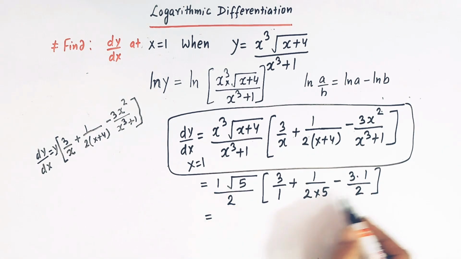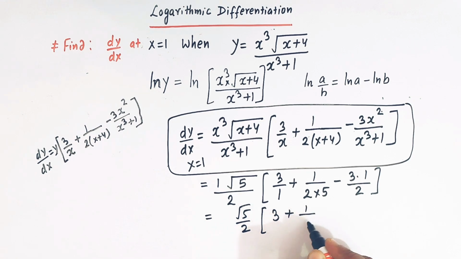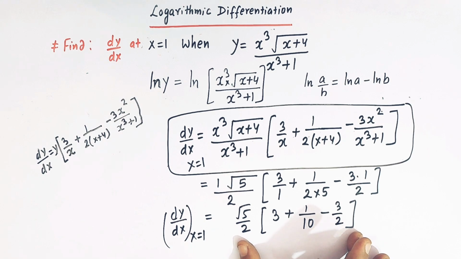So let us simplify it. We have square root of 5 over 2, this is 3 plus 1 over 10, this is 3 over 2, right? So dy over dx at x is equal to 1 is now equal to this expression.